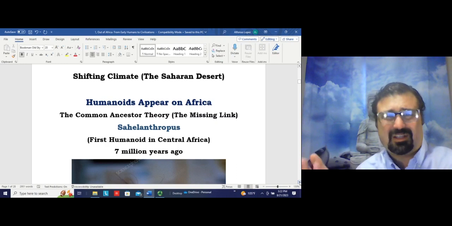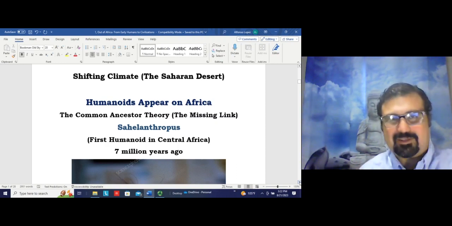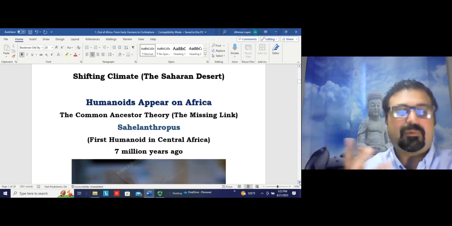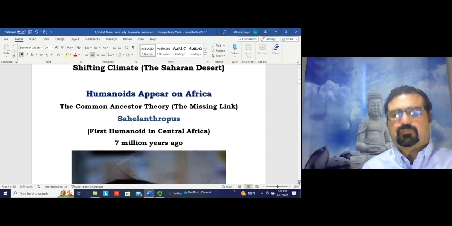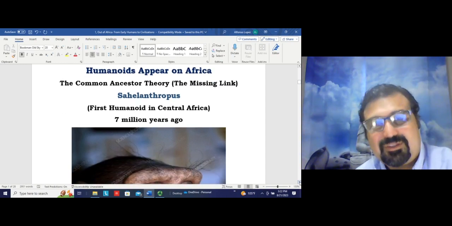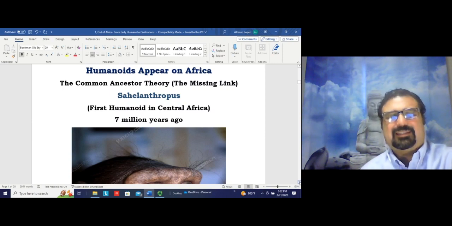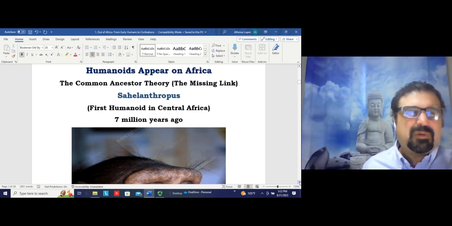Again, the Saharan desert is a case in point. Okay, it used to be once upon a time a very, very abundant and rich forest, if you will.